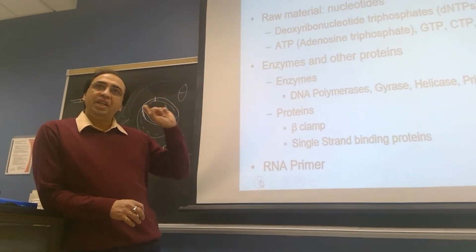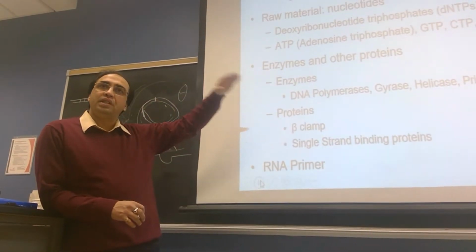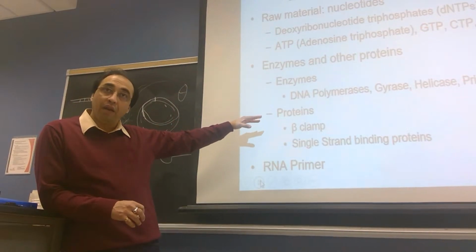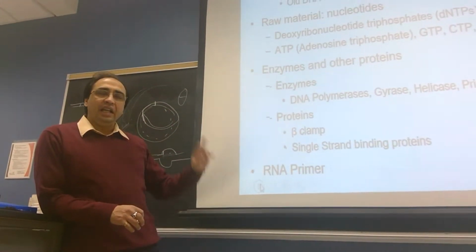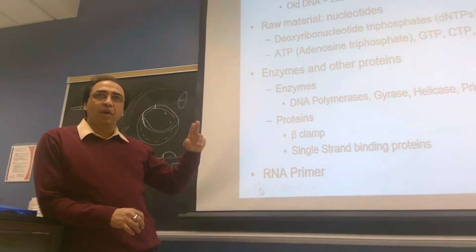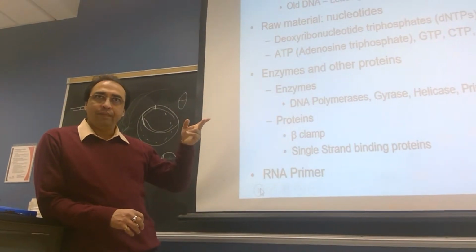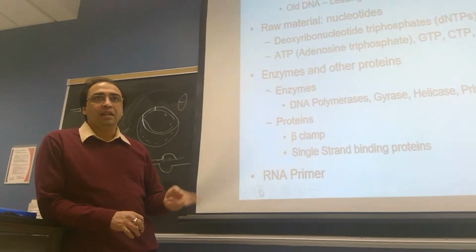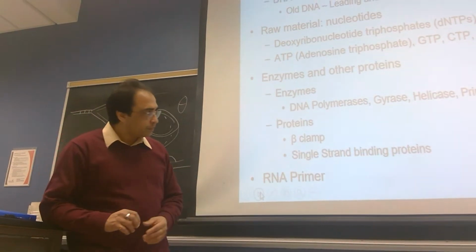DNA polymerase 3 is the main enzyme for DNA polymerization, and DNA polymerase 1 is responsible for proofreading. If there is a mismatch, it can proofread that.